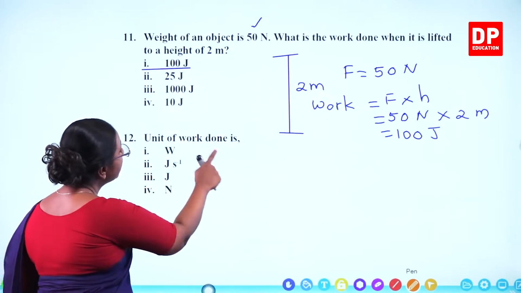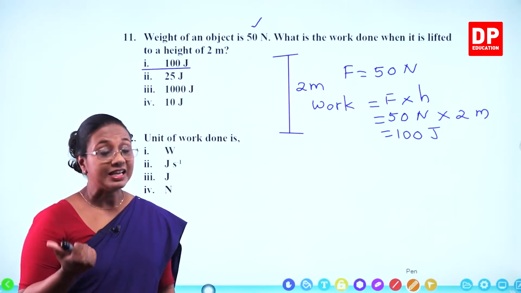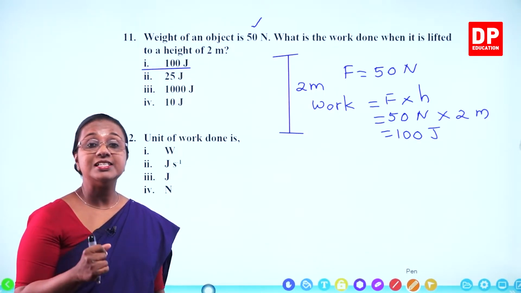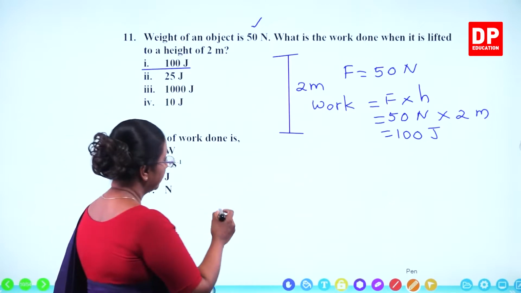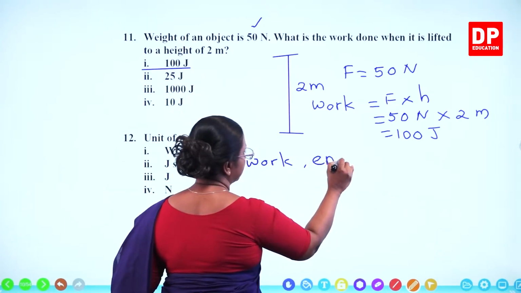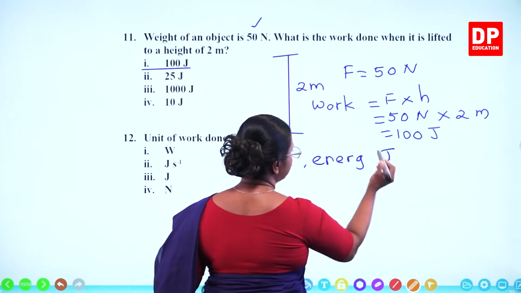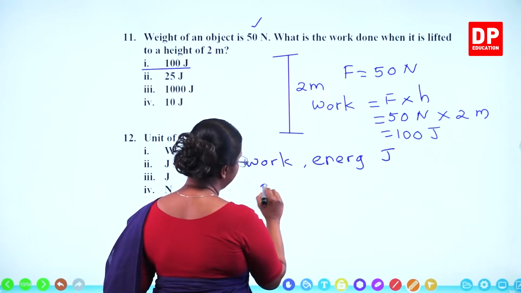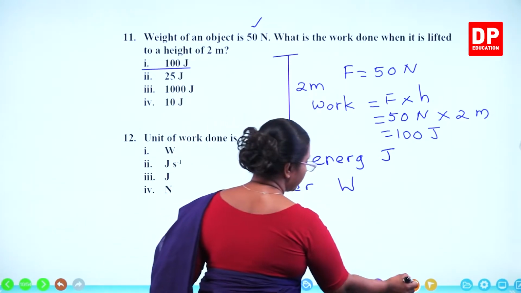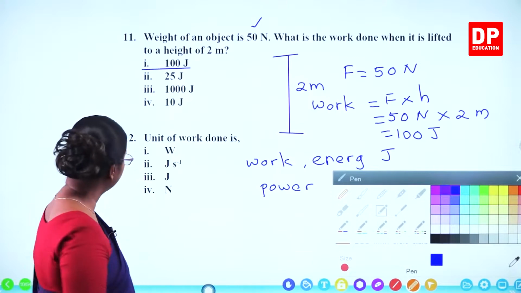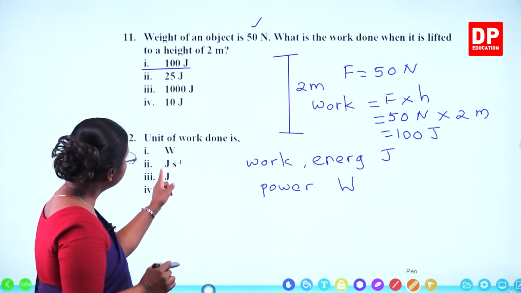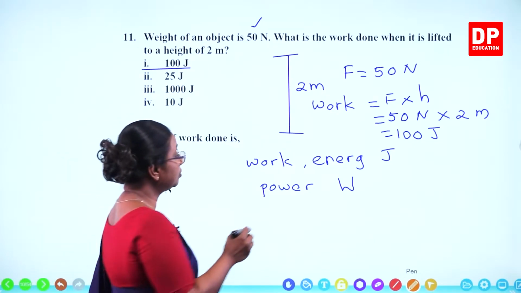Next one, unit of work done. Like I told you all, both work done and energy have the SI unit joules. They have the standard unit joules and power has the standard unit watts. So that is what you need to remember. Here unit of work done, what? No. Joule per second, that is equal to watts.